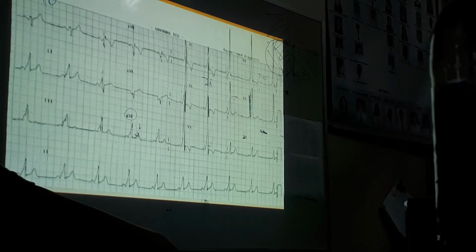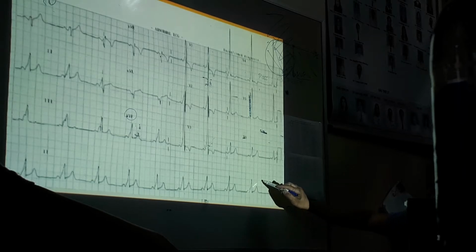Then I go to the PR interval. Do you know what the normal PR interval is? 120 milliseconds to 200. This is one big box, from here to here.